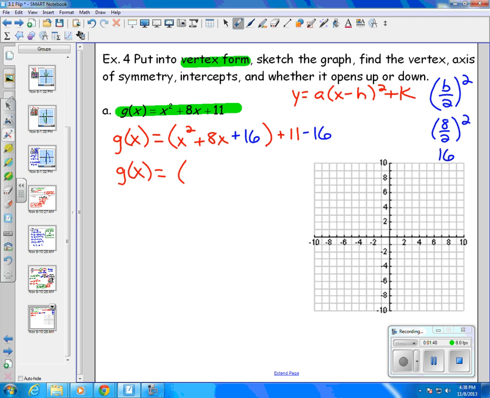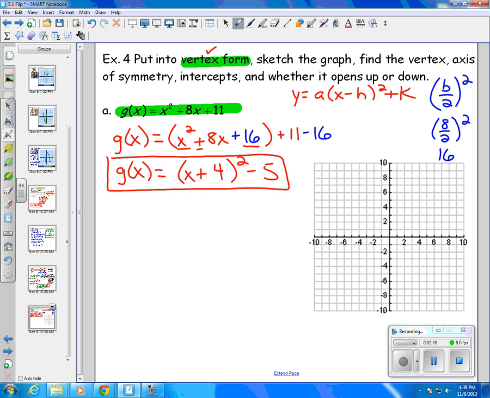So that will factor into a single factor squared. We take the square root of x squared, which gives us x. We take the sign of the 8x, which is plus, so that'll be the sign here. And then the square root of 16 is 4. So that portion is x plus 4, that quantity squared. And then 11 minus 16 is negative 5.